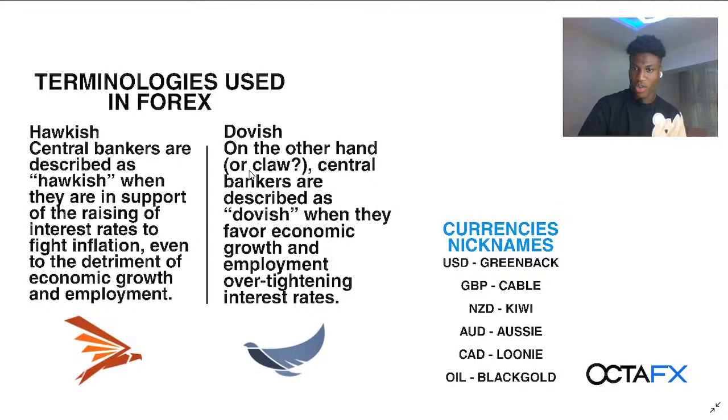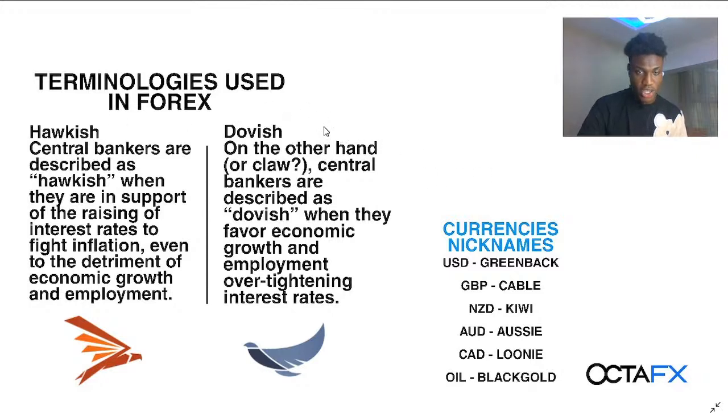So the central bank is like, oh, the country's economy is growing too fast, let's slow this down. What do they do? They increase the interest rate. When the interest rate is increased, you see a lot of investors investing in that currency. So when the central bank is hawkish, it's actually positive for the domestic currency, right?